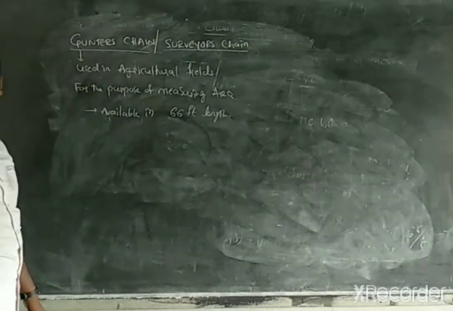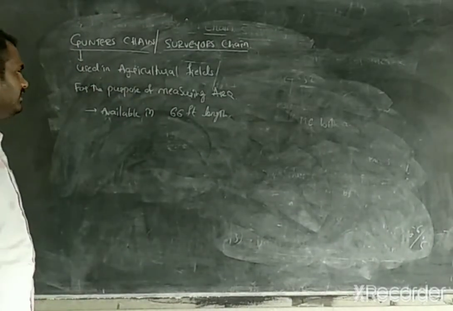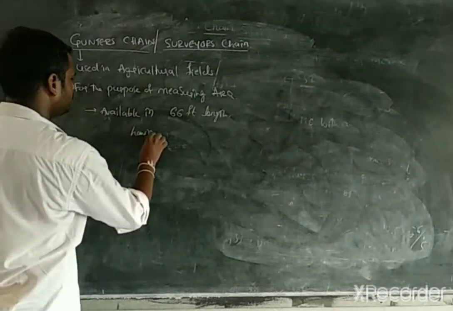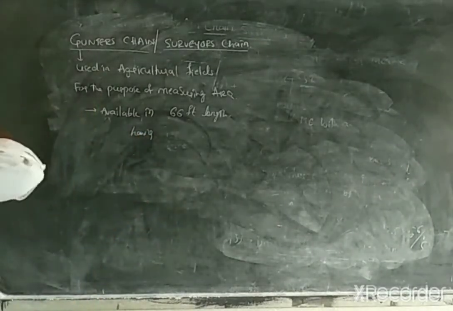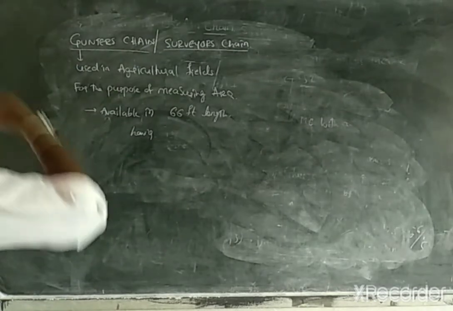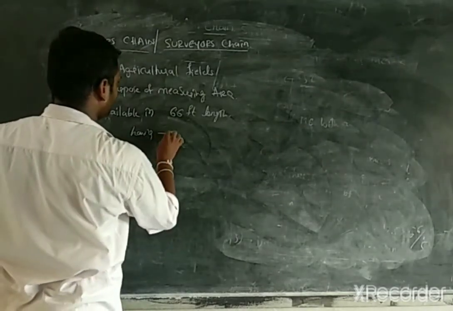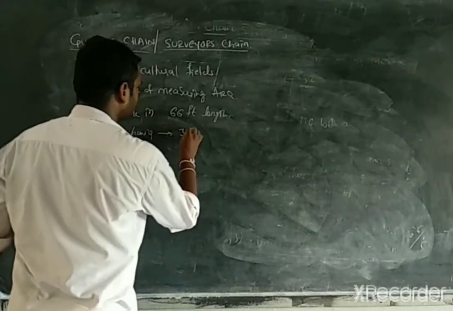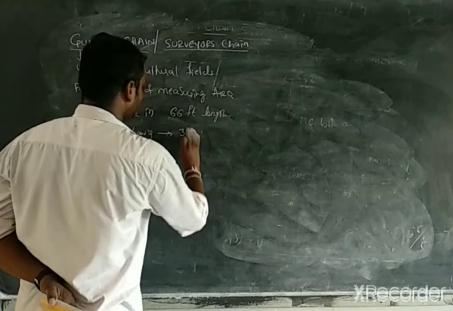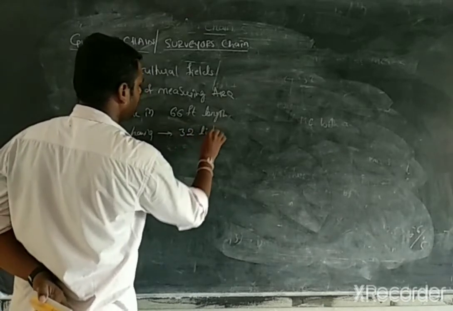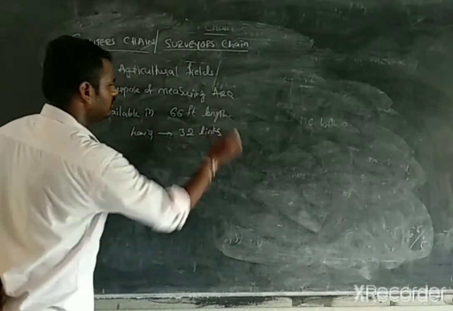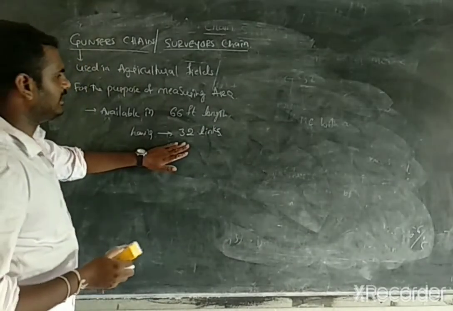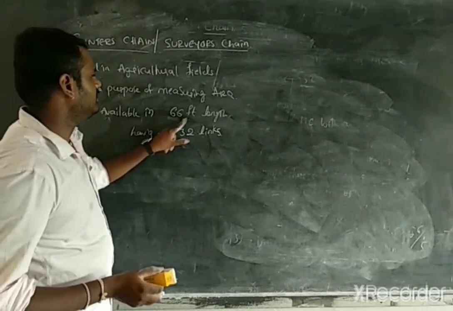They are available in 66 feet length and are having 32 links. So each link is equal to 1 feet, 66 feet.